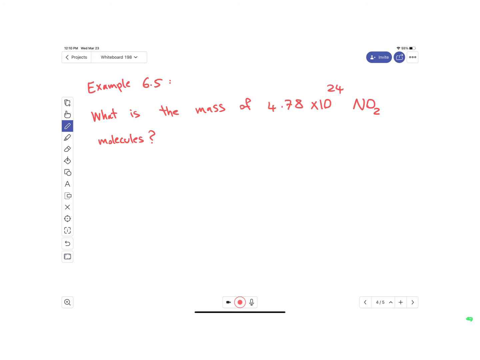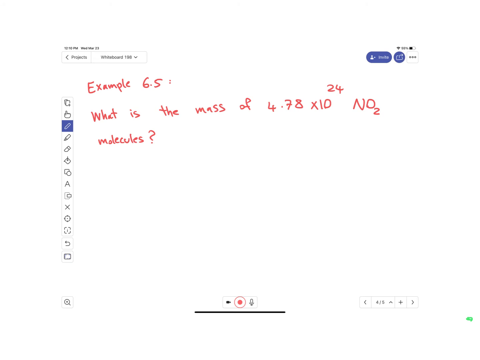So you know that 1 mole of anything would be 6.022 multiplied by 10 to the power of 23 of that thing. So you can write, you know that 1 mole of NO2 molecules has 6.022 multiplied by 10 to the power of 23 of that. So based on that, you should write a conversion factor, a ratio that in the denominator we have something that cancels out with number of molecules.